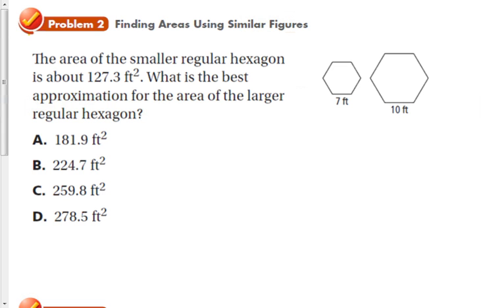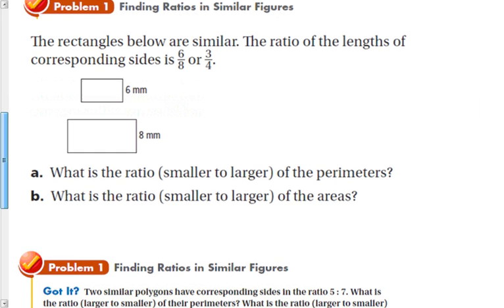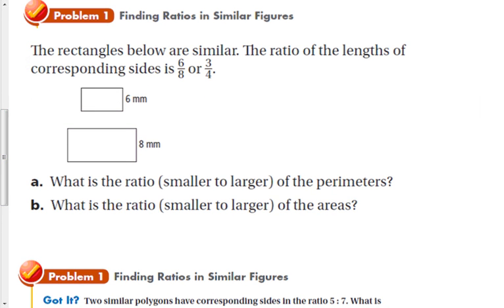Okay. On problem 1, we're going to use that theorem. If the rectangles below are similar, the ratio of the lengths of the corresponding sides is 6/8 or 3/4. That means the scale factor is 3/4. By Theorem 10.7, the ratio of the perimeters will be the same as the scale factor.